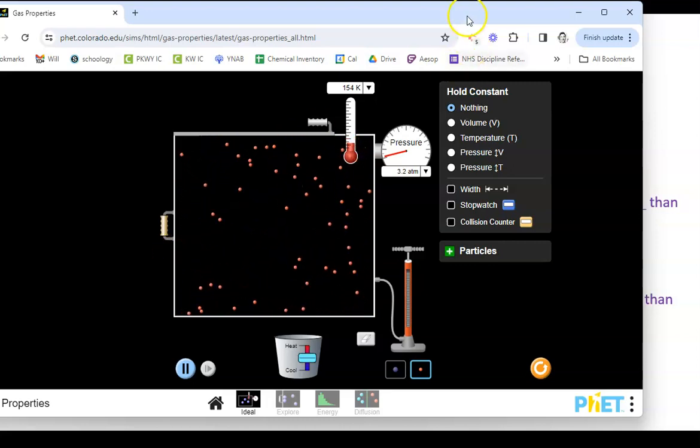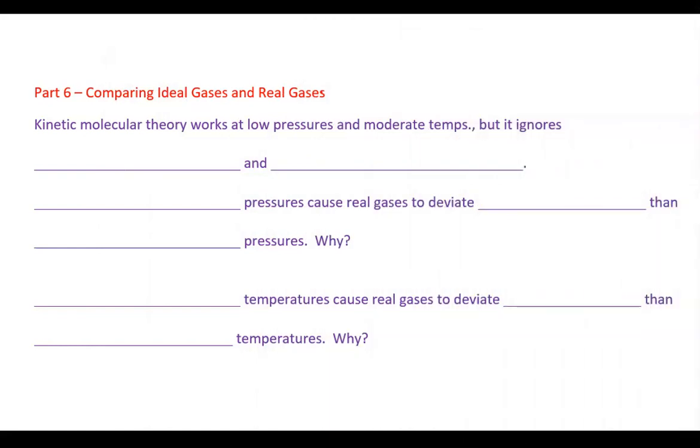The intermolecular forces cause some of the loss of elasticity in that collision, some of the loss of energy. Okay, so the kinetic molecular theory ignores two things. It ignores the intermolecular forces, and it ignores the actual volume of the particles themselves, which do have volume even though it's really, really small.